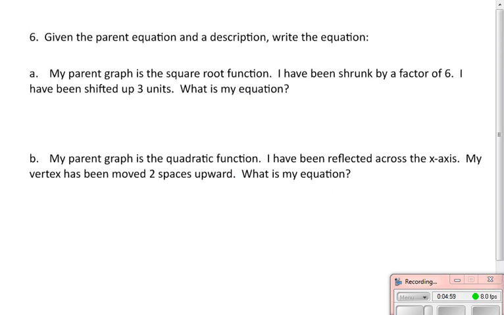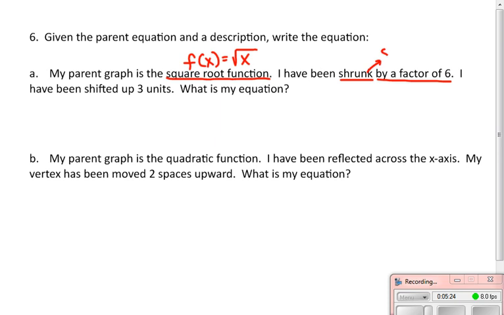Now the last examples are doing the same thing from words. So we're going to write the equation based on a description. So some key things. My parent graph is the square root function. So I know this right now. I have been shrunk, so I'm growing more slowly by a factor of 6.